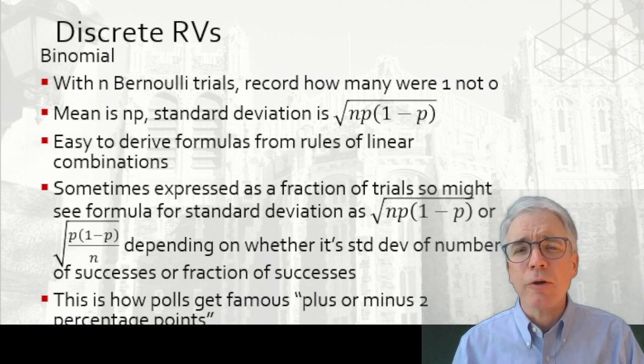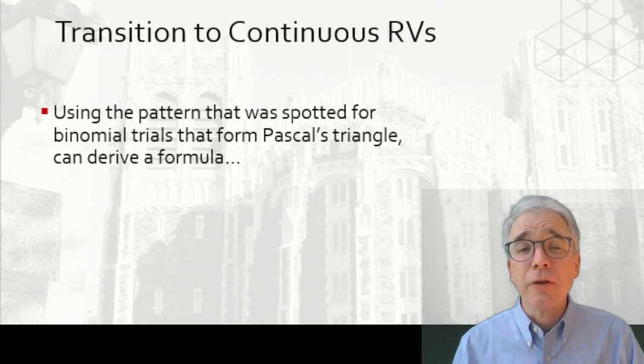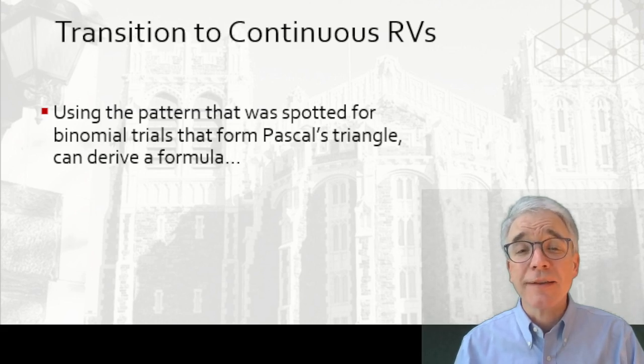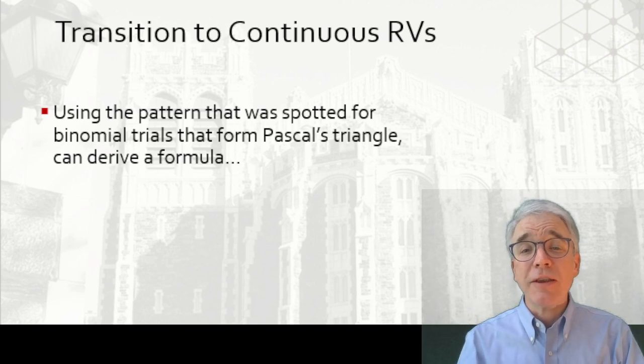In the notes, I go through that in a little more detail. You should make sure you understand that. Now, with a lot of Bernoulli trials, those are going to form into coefficients given by Pascal's triangle. We can derive a formula that gives us, in the limit as n goes to infinity, a normal distribution. We'll get into that later. Hold on to your seats.